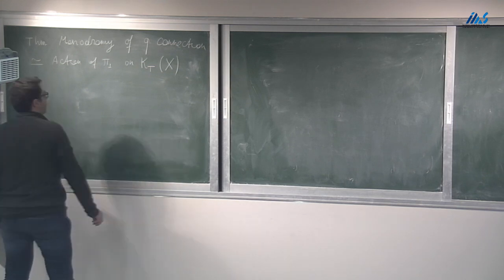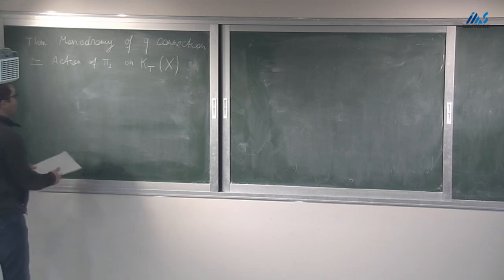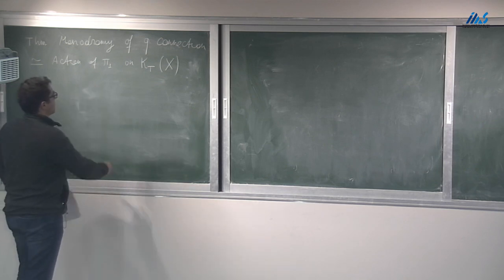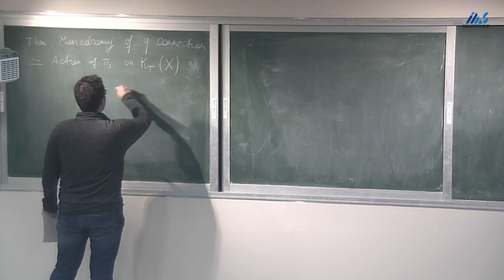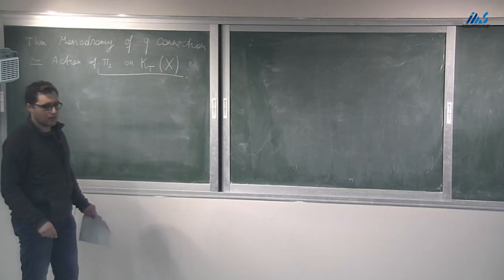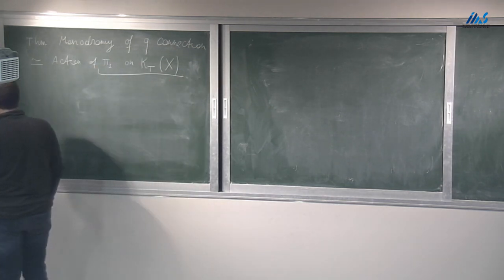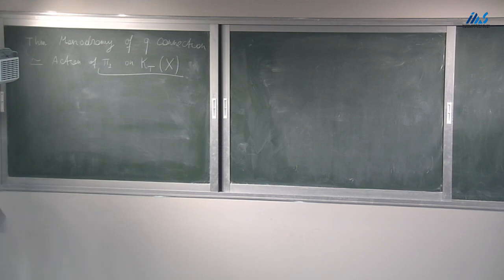And in the last talk I discussed how to construct a section of pi 1 on the category, and this construction of quantum connection was discussed in other talks, in the Verses in particular.